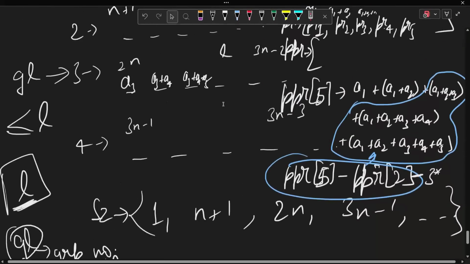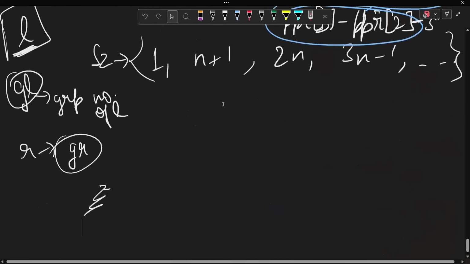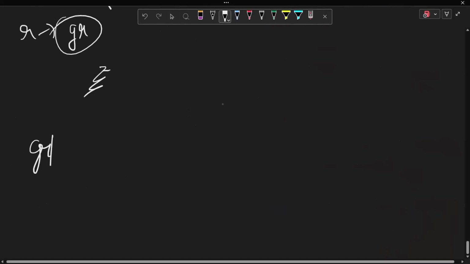What I needed to compute here was for group 3. This was index 2n, which was having A1. Index 2n plus 1 was having A1 plus A2.